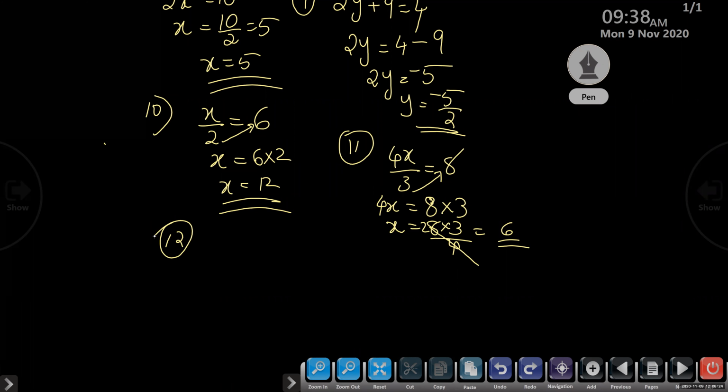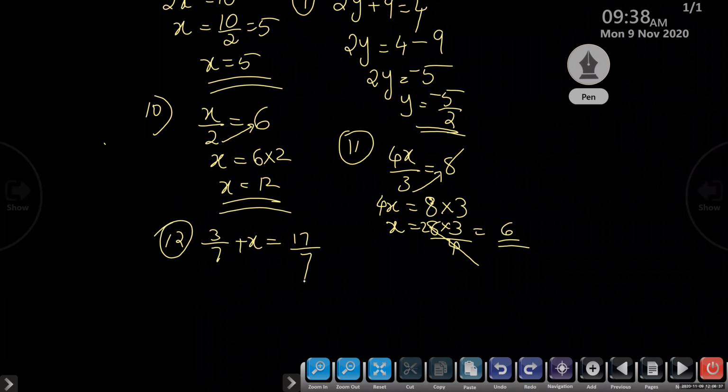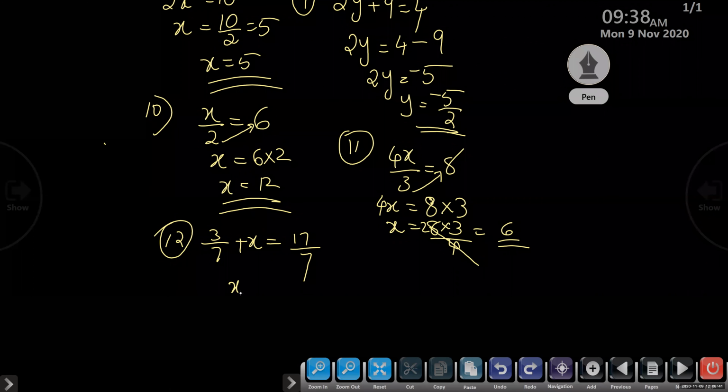Question number 12. 3 by 7 plus x equal to 17 by 7. So, x equal to what?